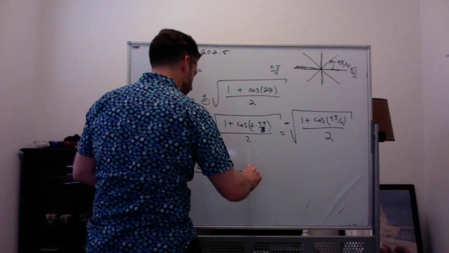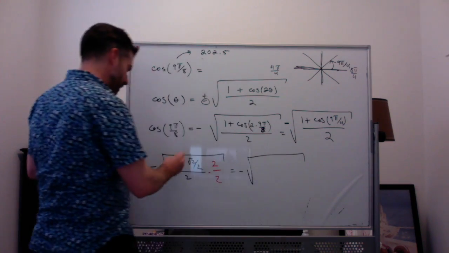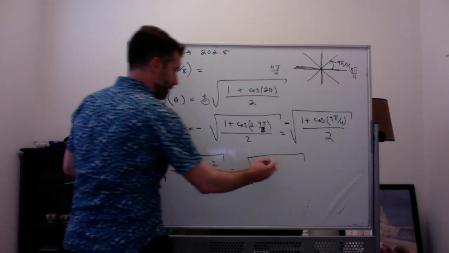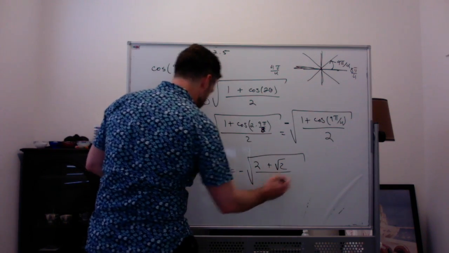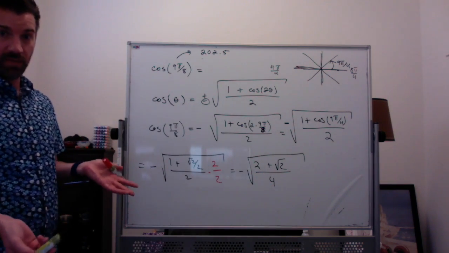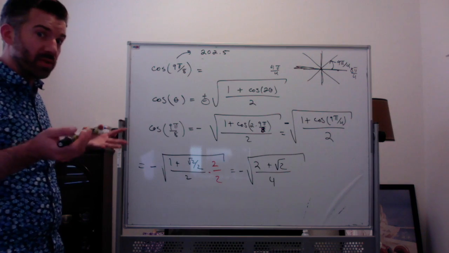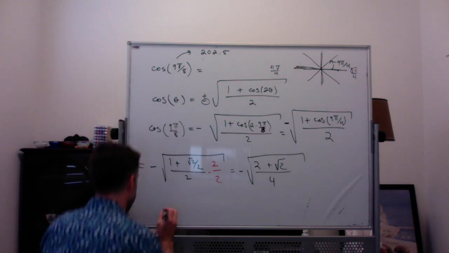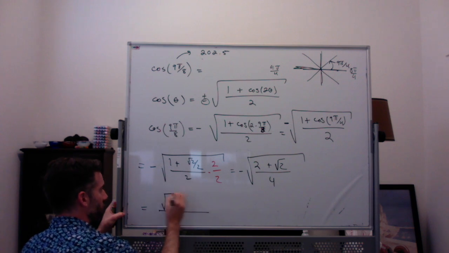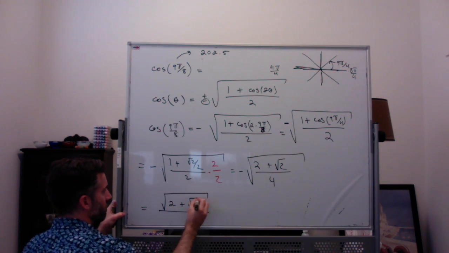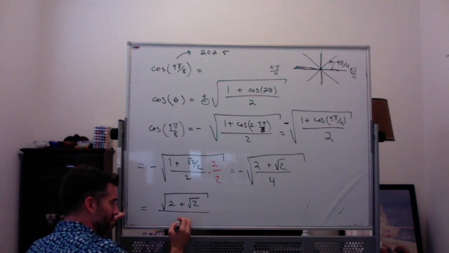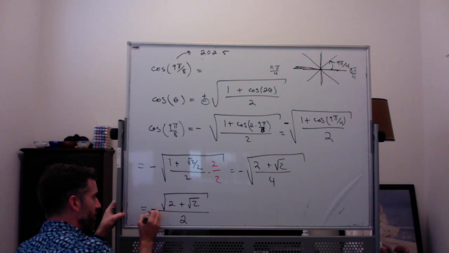So it's negative square root of 2 times 1 is 2, plus 2 times root 2 over 2 is root 2, all over 2 times 2, which is 4. But then the denominator, being 4 inside the square root, comes out of the square root as just 2. So I don't think you need to write this as 2 steps. I think you just say, oh, well, the top is the square root of 2 plus root 2. The bottom is the square root of 4, which I'm not going to write. I'm just going to say, I know the square root of 4 is 2. And then my answer is negative.